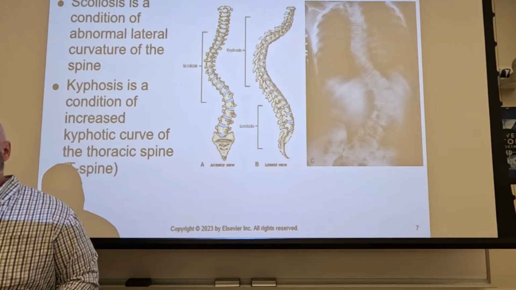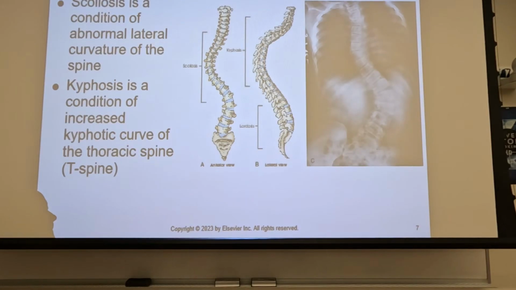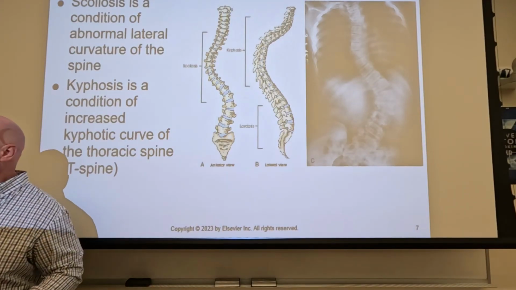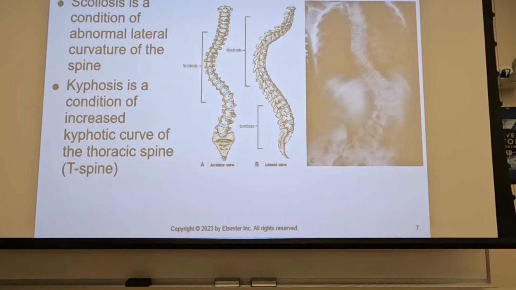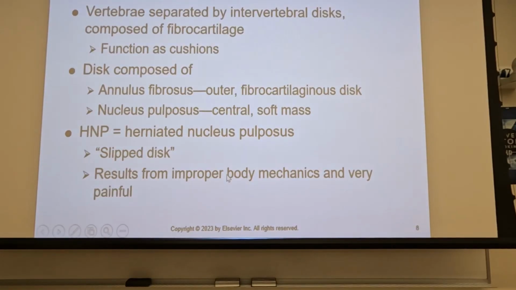I think she developed multiple compression fractures. So scoliosis, again, diagnosed most of the time in young women. You do see some men with scoliosis as well, true scoliosis, but the other two are developed over time.